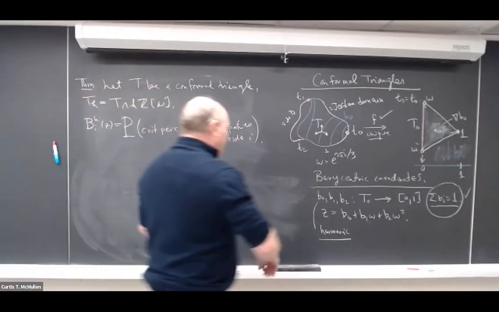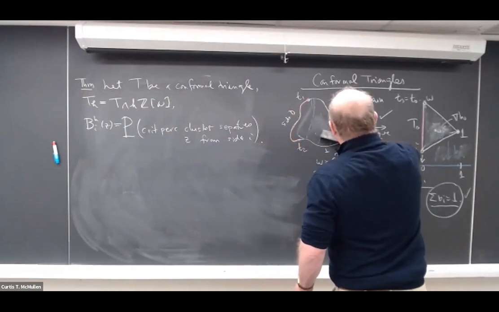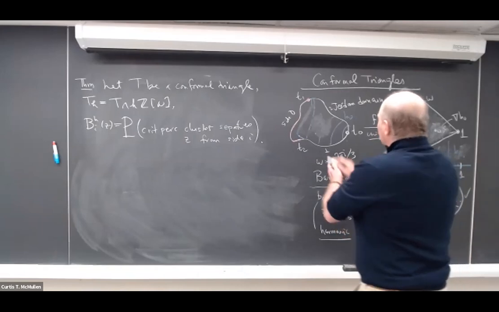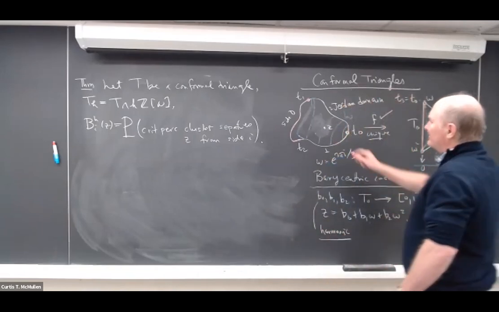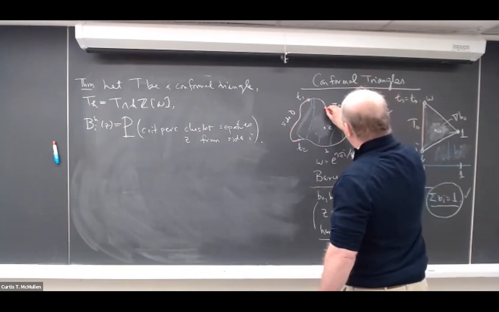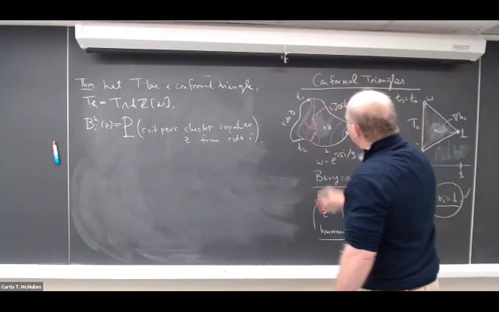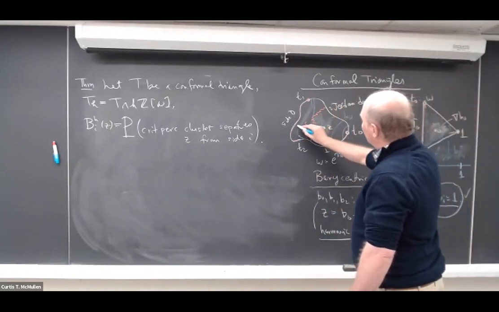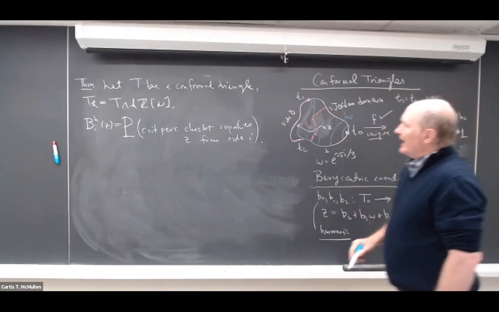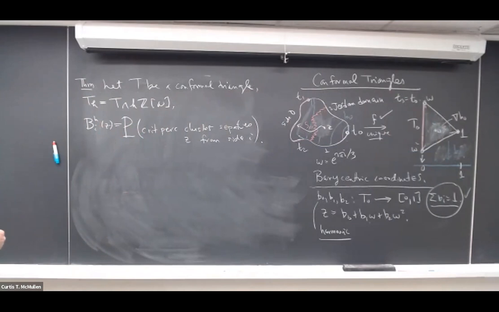So in my picture over here, I take my triangle and I approximate it by a lattice. I pick a point z, and then I choose sites at random in my lattice, and I might get a cluster S0, which goes like this. If I do, it separates the point z from side 0. And so then that counts towards this probability.